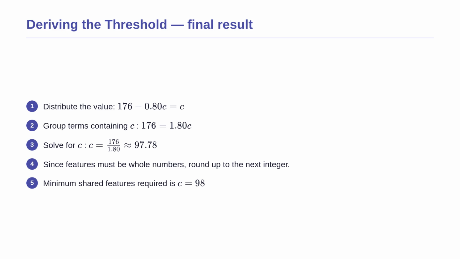Finally, dividing by 1.80 gives us approximately 97.78. Since a molecule cannot have a fraction of a feature, we round up. The candidate must share at least 98 features with the known drug to be considered a viable hit.